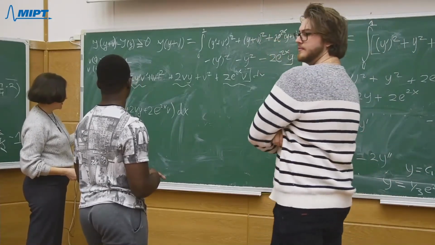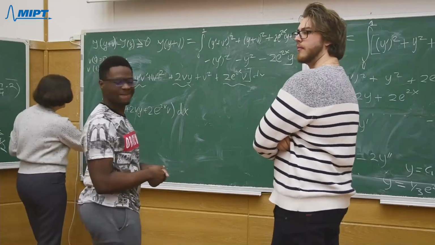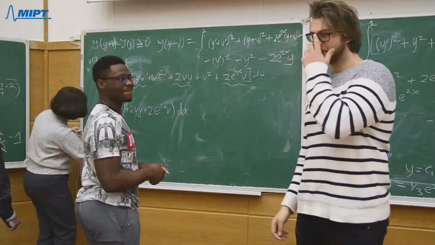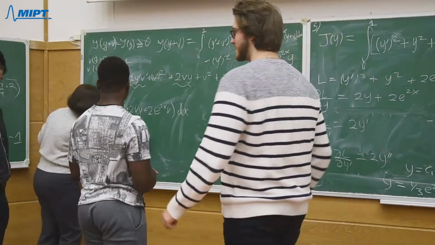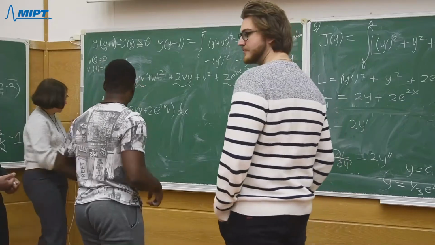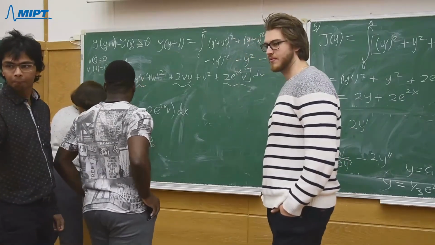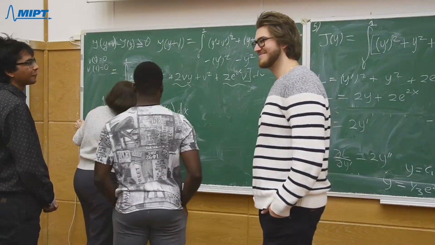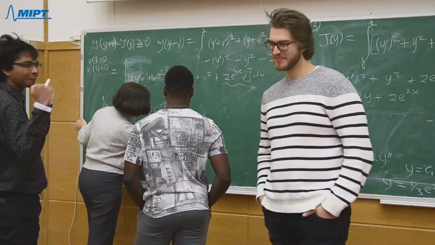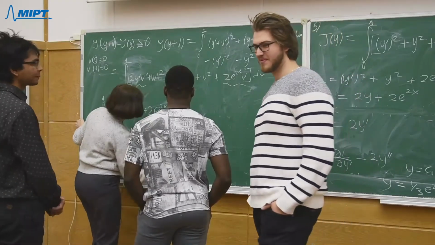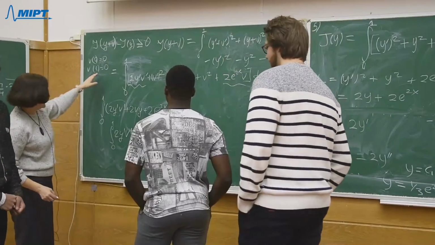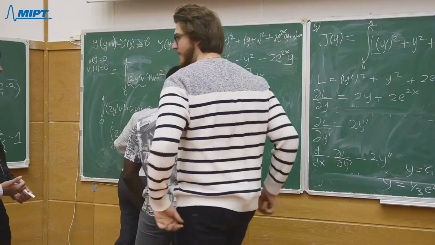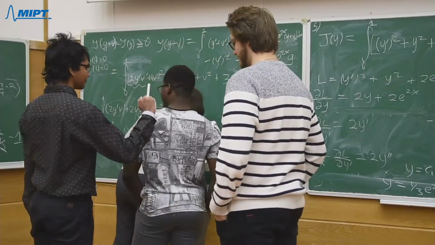How to prove this? We may integrate by parts. Use integration by parts for this term, and this is equal to the integral from 0 to 1 of 2y prime dv. It is 2y prime v from 0 to 1, which is 0, because we have this, minus the integral from 0 to 1 of 2y double prime v dx.